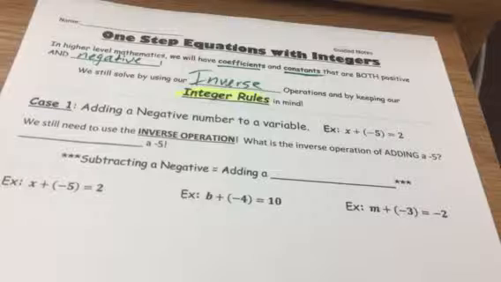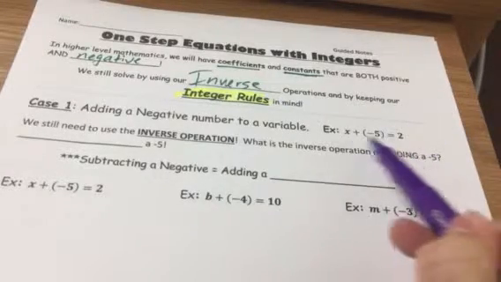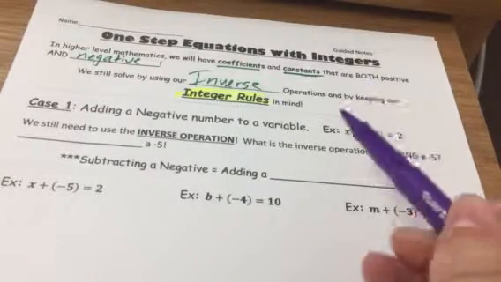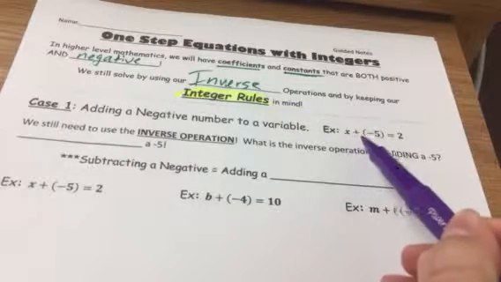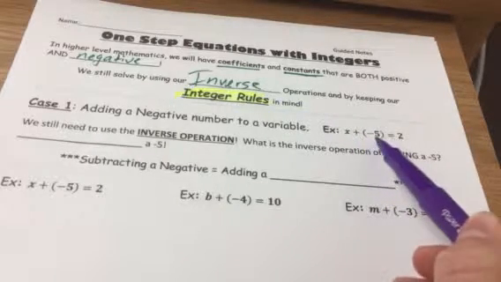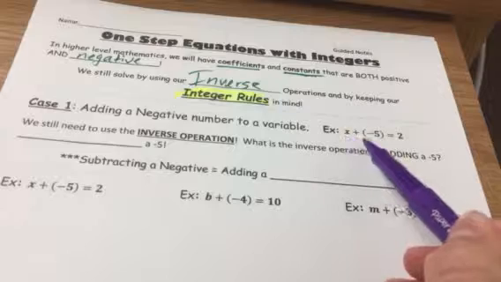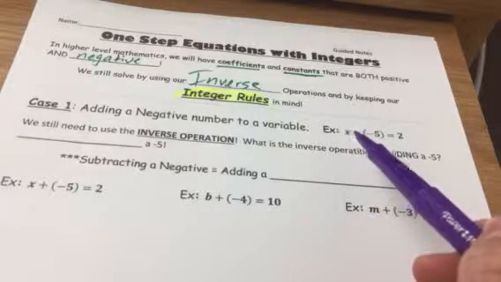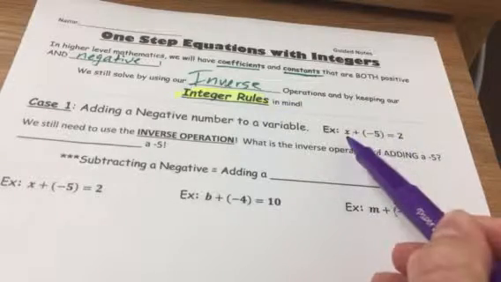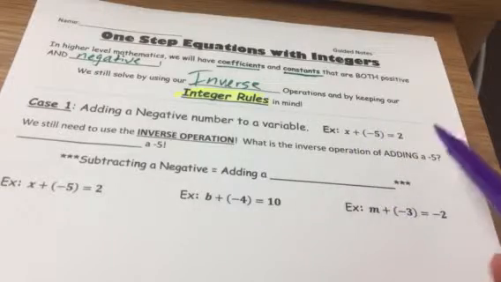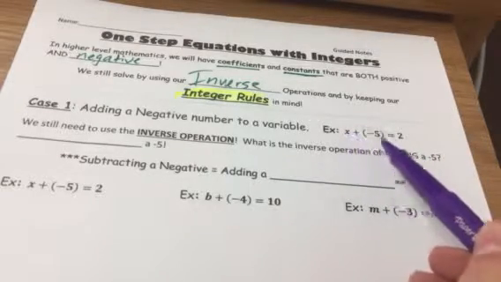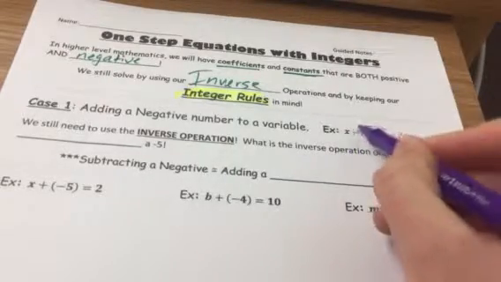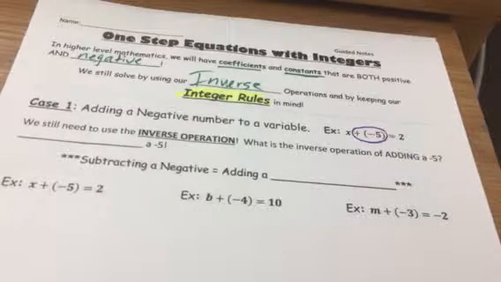So let's go ahead and take a look at a couple of different scenarios dealing with integers and our algebraic equations. So one case is we could have a variable and we could be adding a negative number. So that makes it a little bit more complex than just adding a positive 5. So again, keep in mind, we want to get the variable all by itself. That's our goal. In order to get the variable all by itself, I have to get rid of adding a negative 5.